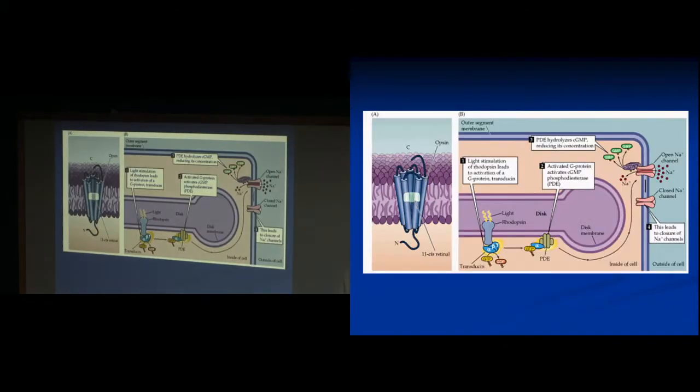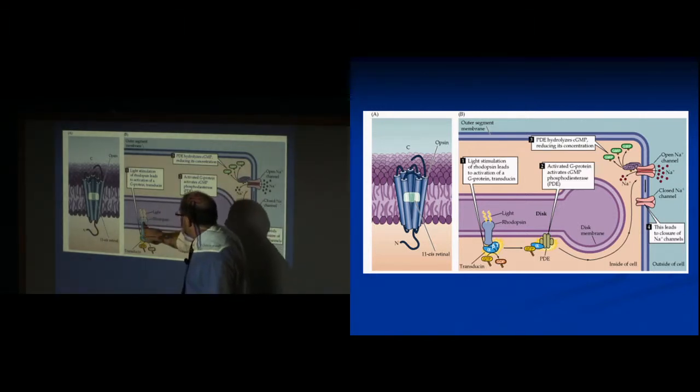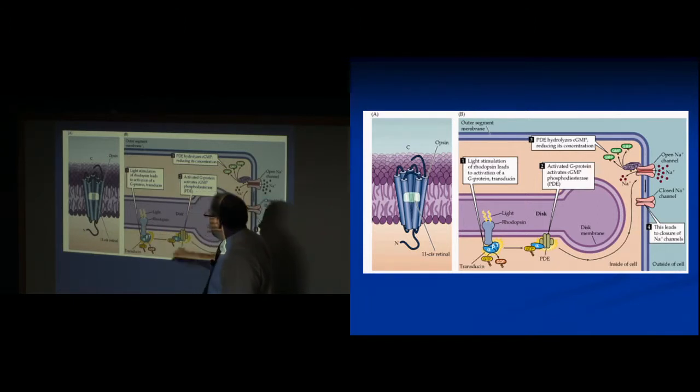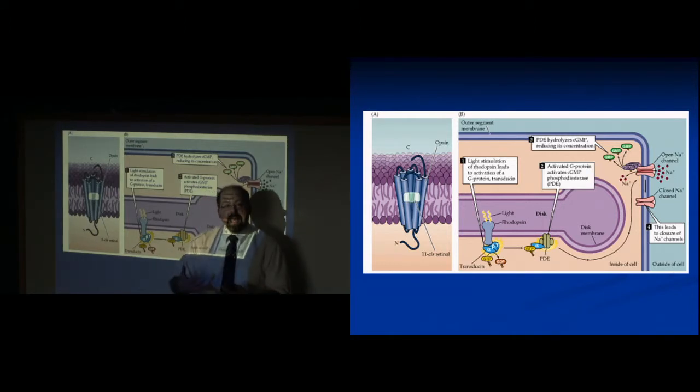see. Now, in terms of the transduction, I don't want you to memorize this in detail. Okay? But when light hits the rhodopsin, it's going to split it, and it's going to activate an enzyme complex called transducin. This transducin is going to start a biochemical cascade.